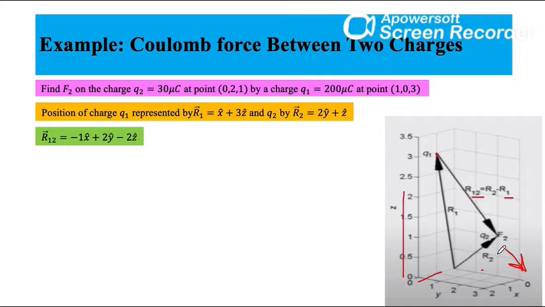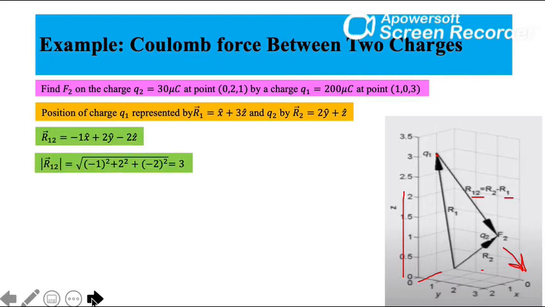Now, that the force acts along this line is fine, but what I want is not the statement that force is acting along r12. What I want is the unit vector along r12. So what is the unit vector along r12? That will be the vector r12 divided by its magnitude.